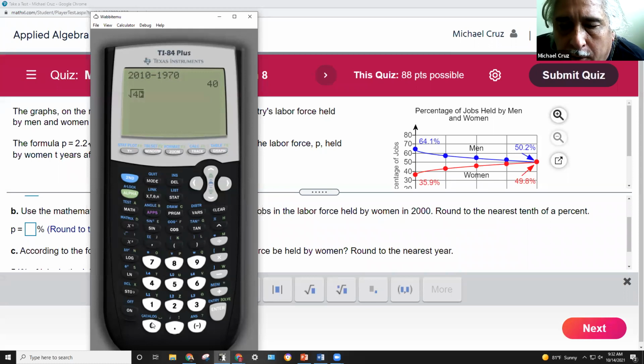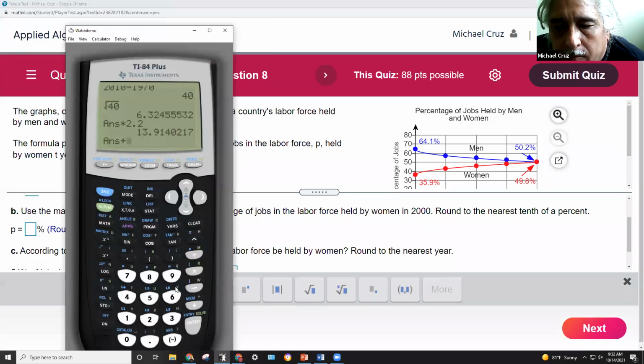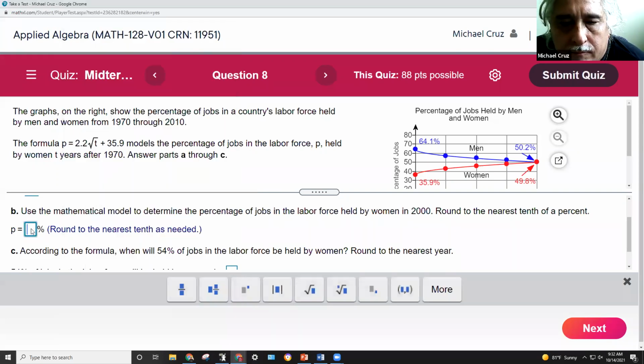So what's the wording on these things? And it was 35.9. So we got like 49.8.